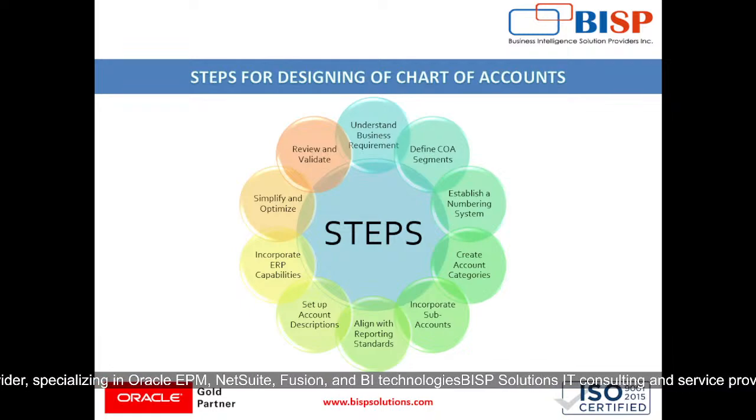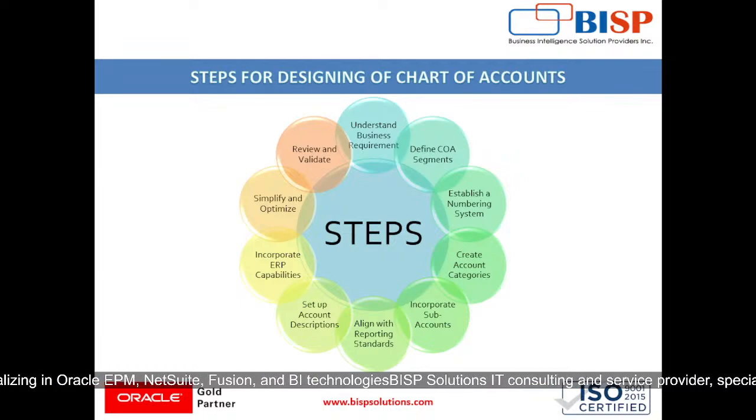Then product A revenue we will be mentioning with number 4110, and for product B revenue we will be providing number 4120. Then align with reporting standards, so we ensure the CoA complies with relevant accounting standards like IFRS and GAAP for statutory reporting, and tax regulations for compliance.